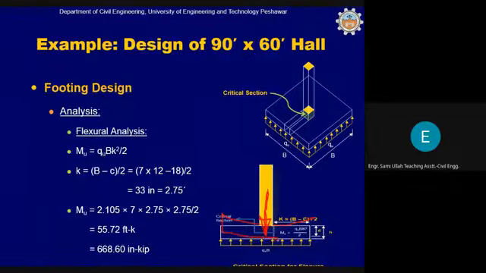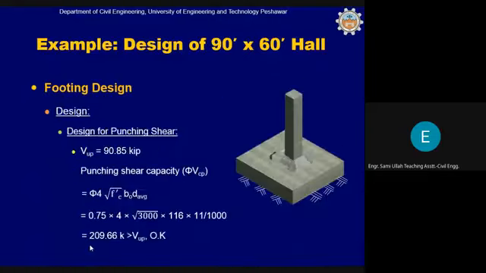The punching shear design is very simple. You just compare the punching shear demand with the punching shear capacity, which is 5.4 square root of FC prime times B naught times D average. FC prime is 3000, B naught is calculated in the previous slides, and D average is 11. Divide by 1000 to get the value in kip. So 5.4 root FC prime B naught D average is 209.66 kip, which is greater than the shear demand VU.